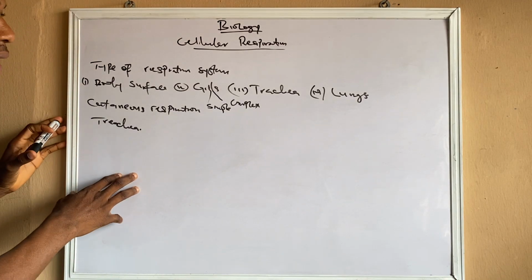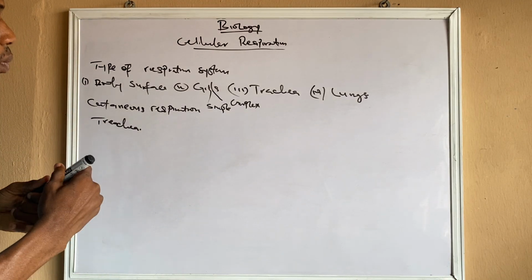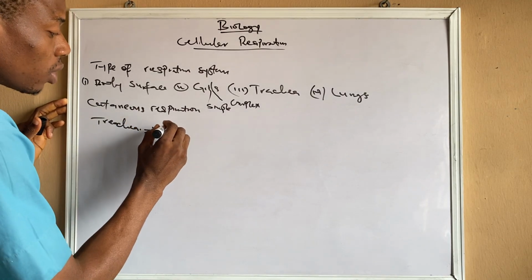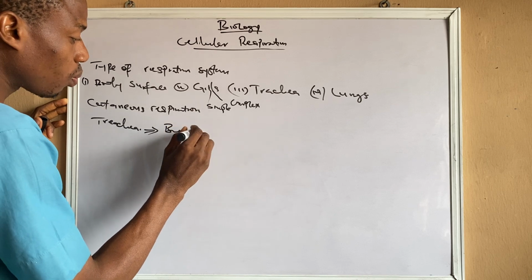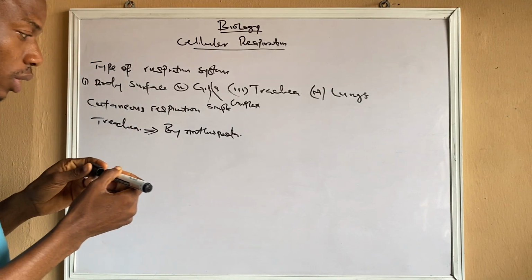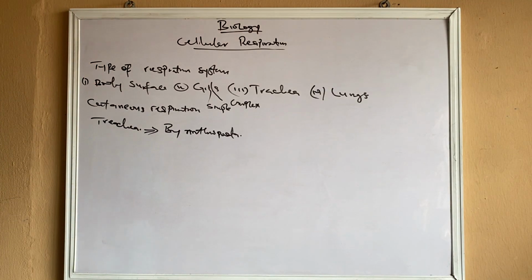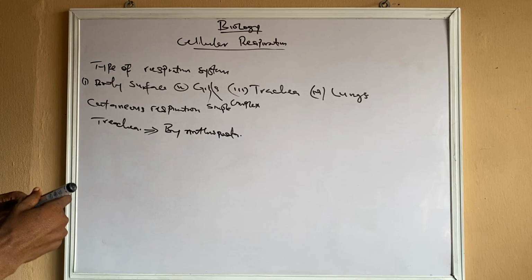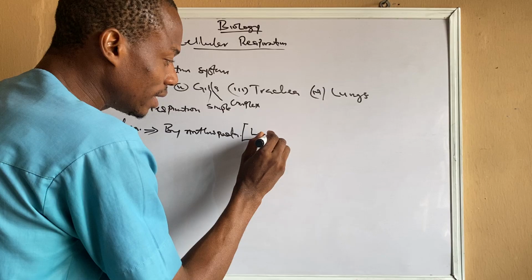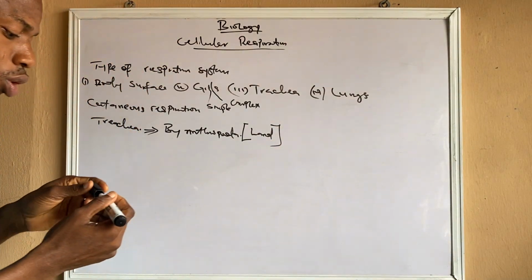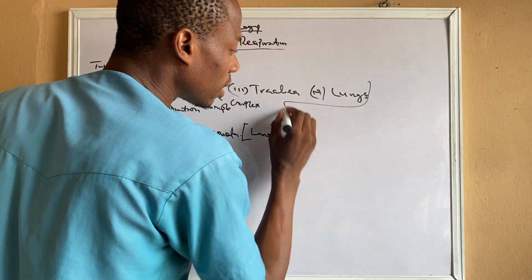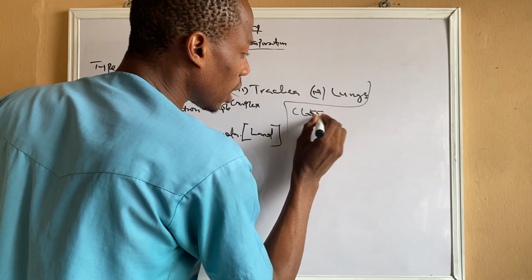In this trachea, we all know that it is majorly used by arthropoda. Not all arthropoda, let me say the land arthropoda, because we shouldn't forget that arthropoda has subclasses.